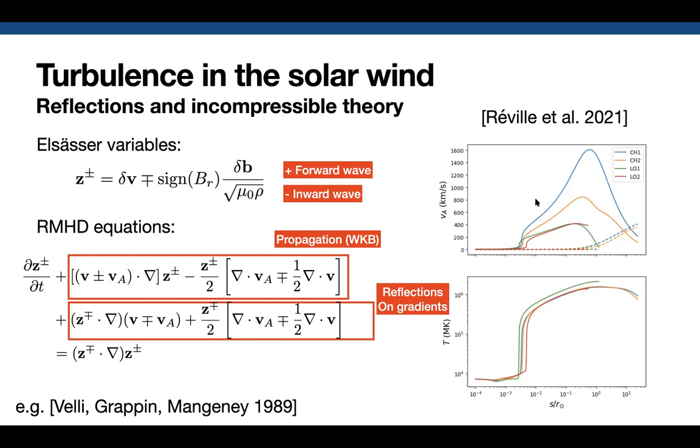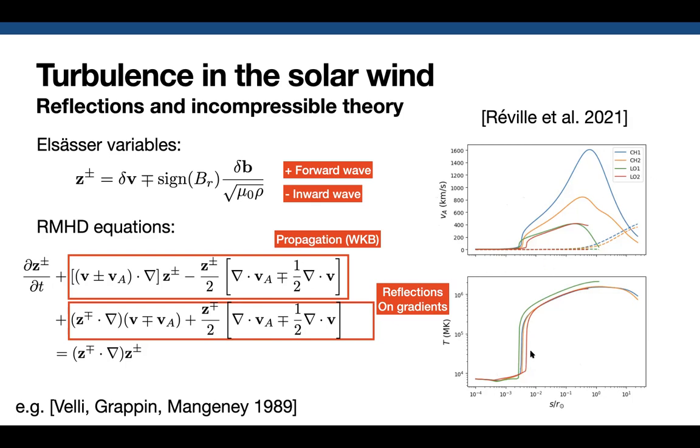For instance, here I show a typical profile of the Alfvén speed and the temperature in the solar atmosphere for different cases. You have CH1 and CH2, these are coronal holes, so open solar wind solutions. But you have also loops with the LO1 and LO2.